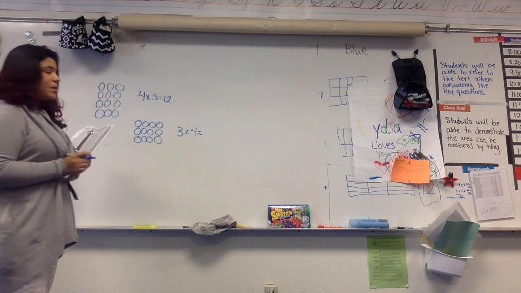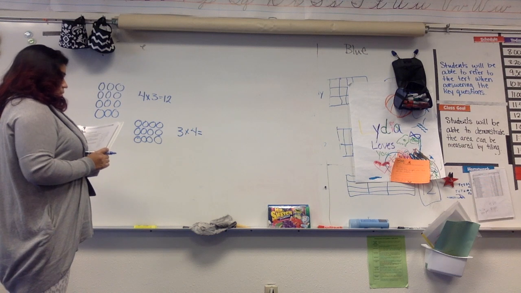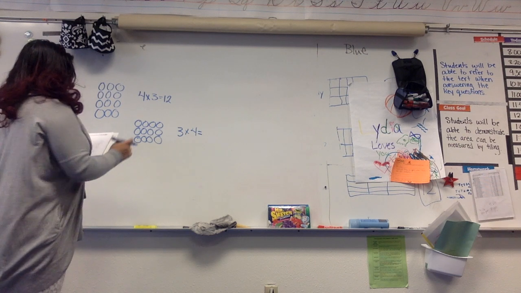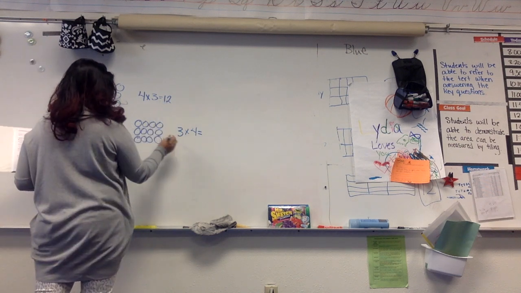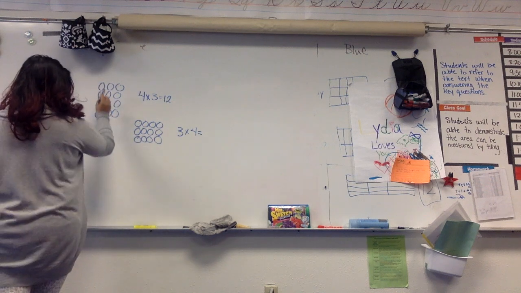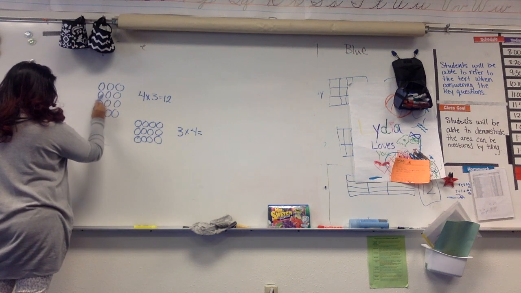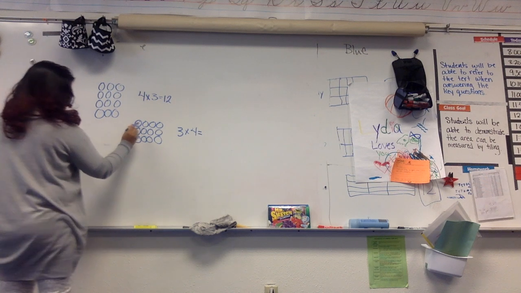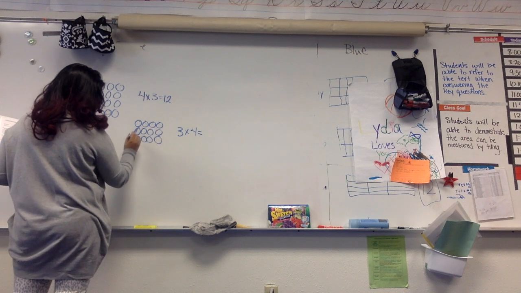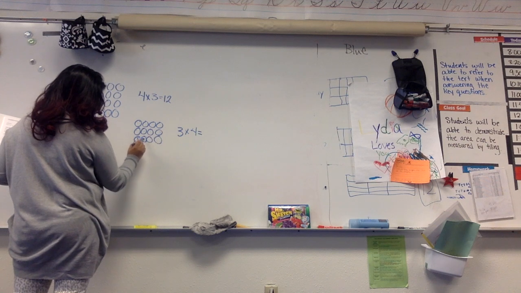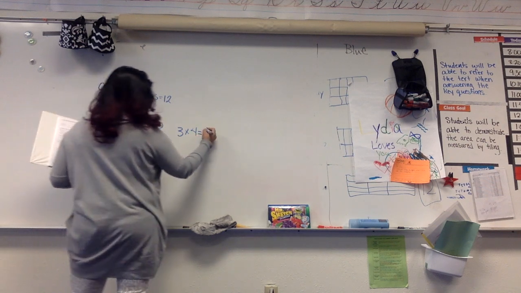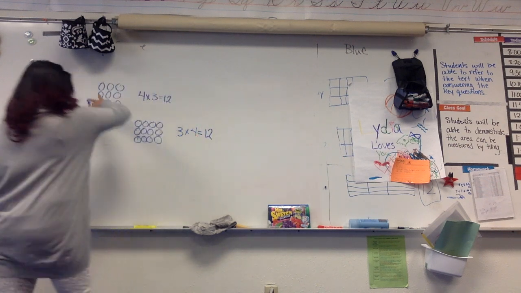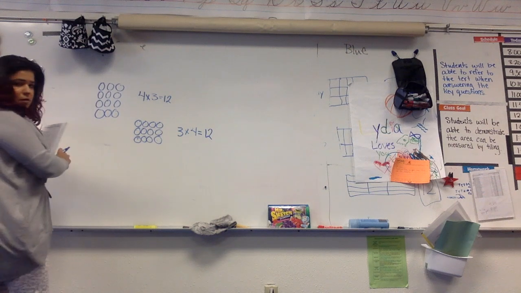What is the product? The product is the same because the amount didn't change. 1, 2, 3, 4, 5, 6, 7, 8, 9, 10, 11, 12. I just kind of flipped it over.